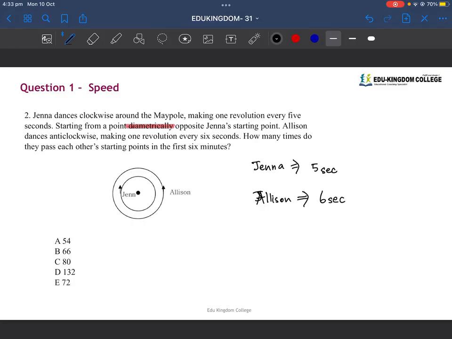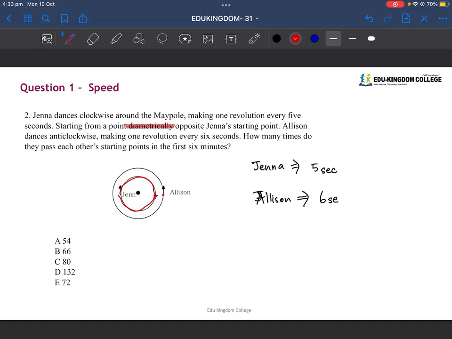And each revolution, they're going to pass their starting point or the other person's starting point once. For example, Allison's starting point is here, isn't it? For Jen, then, traveling 1 revolution across would pass Allison's starting point only once, right there.